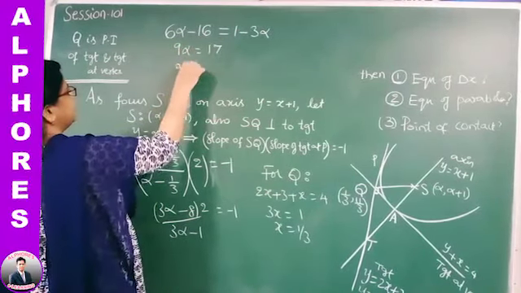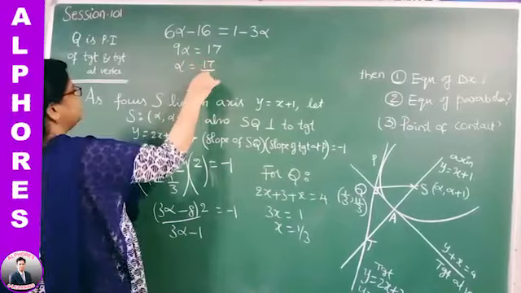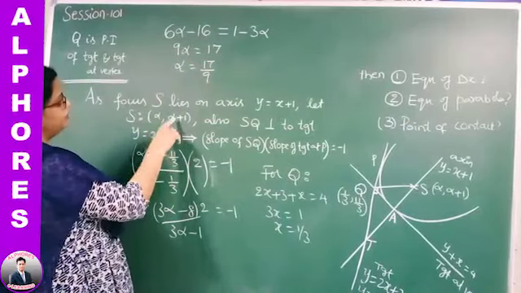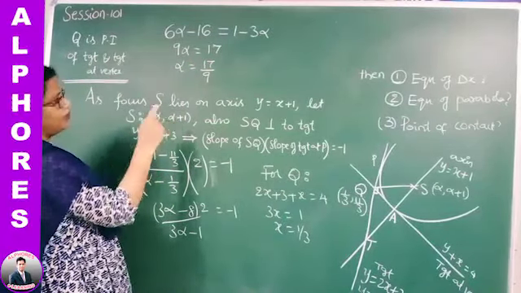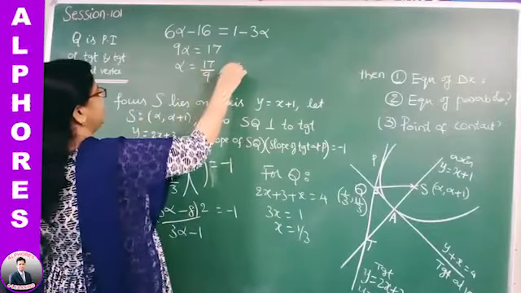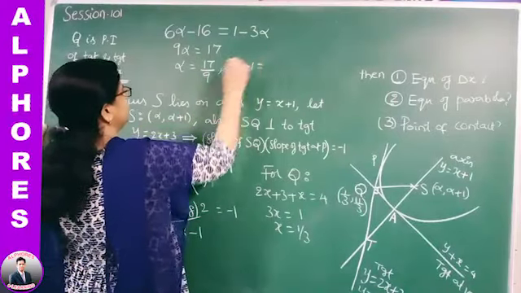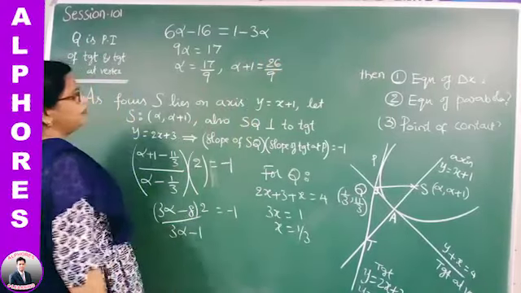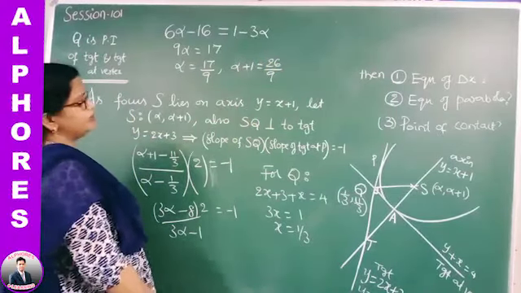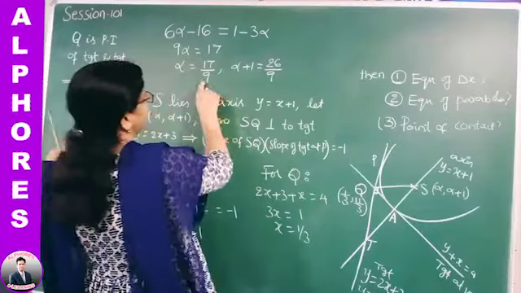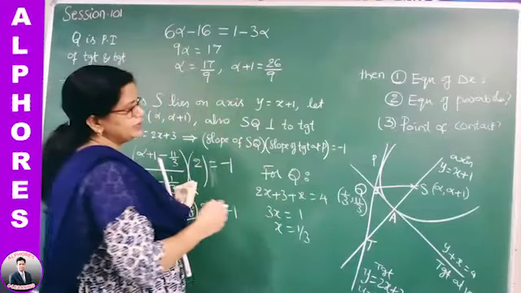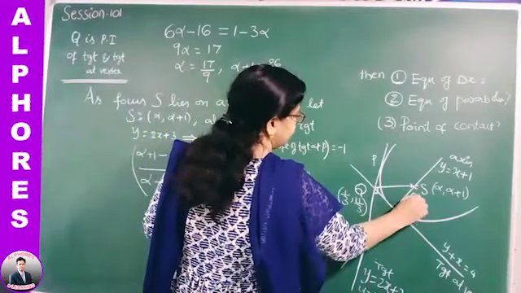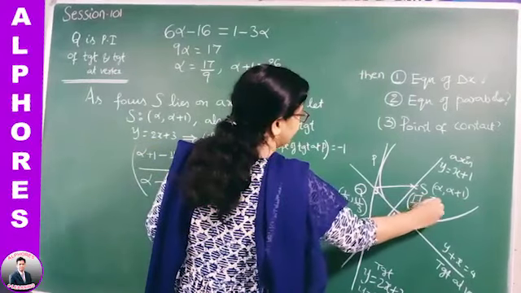That implies alpha is 17 divided by 9. Then what about the ordinate? Alpha plus 1 is nothing but 26 divided by 9. Therefore the coordinates of the focus are 17 by 9 comma 26 by 9. So these are the coordinates of the focus we got.